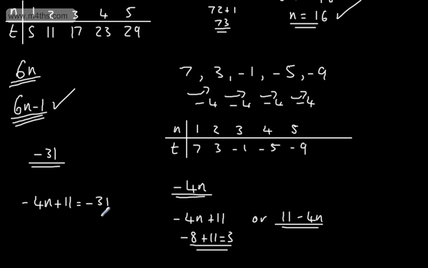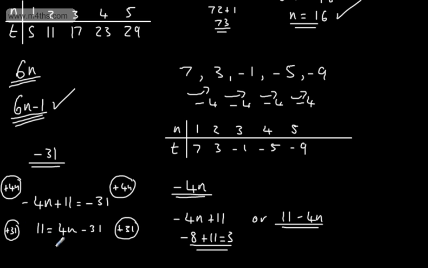I'm going to add 4n to both sides, so 11 is equal to 4n minus 31. I'm going to add 31 to both sides, remember, I'm just isolating n, so that gives me 42 is equal to 4n.